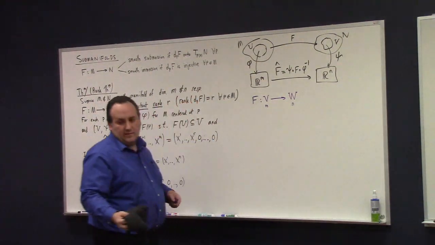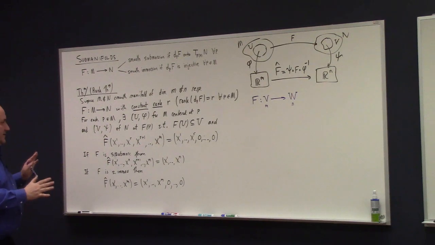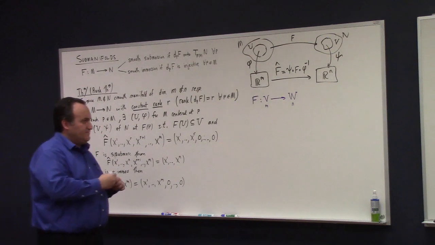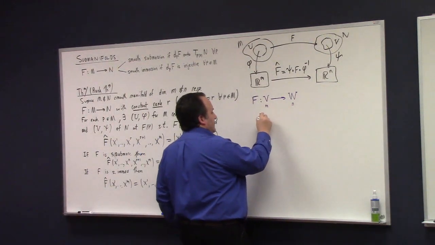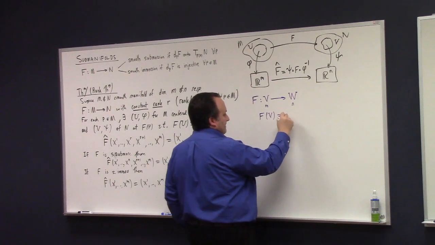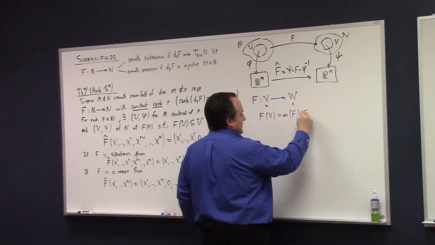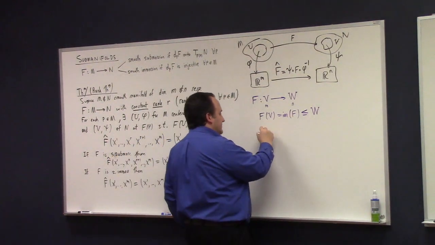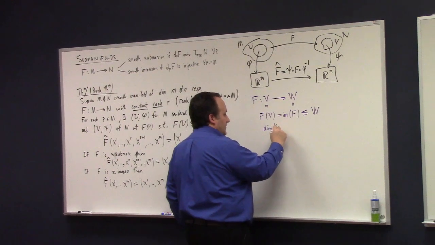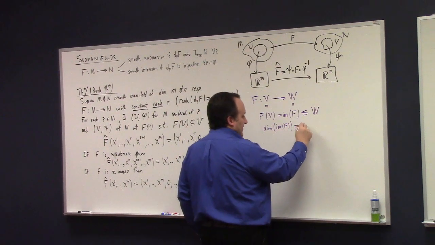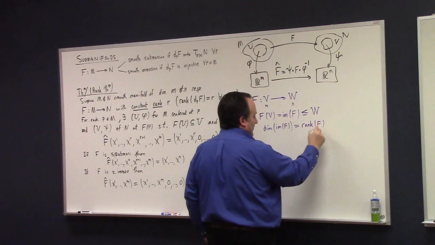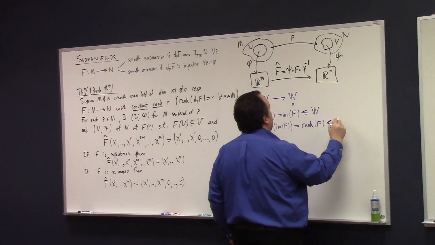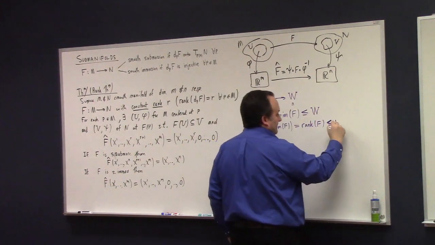The key idea here is that there are two things going on. F of V, also called the image of f, is a subspace of W. The dimension of the image of f is called the rank of f, and it's less than or equal to the dimension of W, which in this case is n.